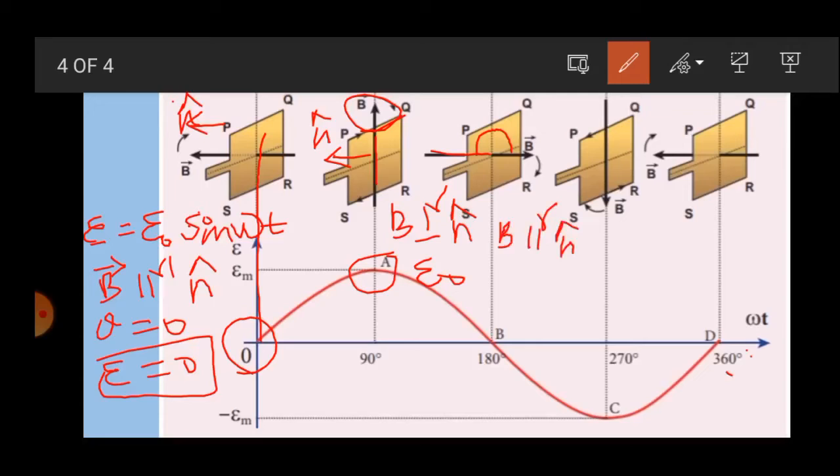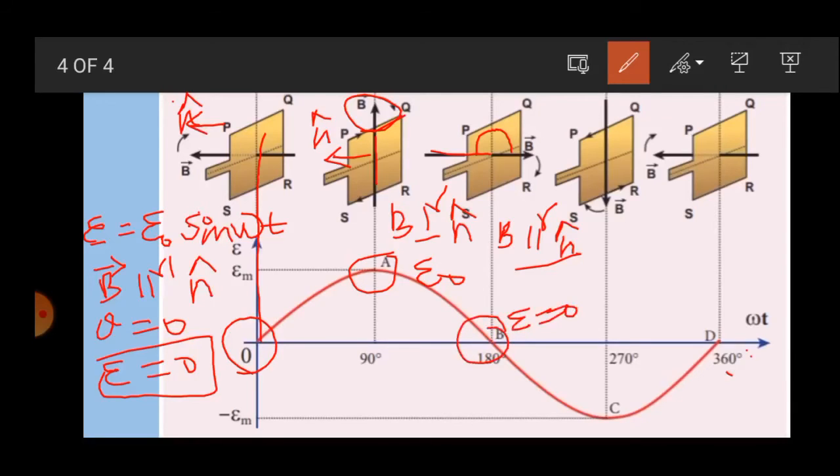The magnetic field is acting opposite to the direction of the normal to the plane. So what is the angle? Theta is equal to 180 degrees. Now substitute the induced EMF. Sin 180 is equal to 0. So the total induced EMF is 0.